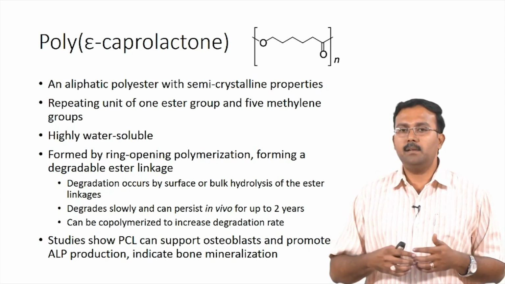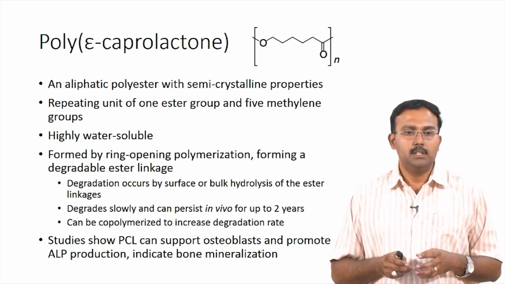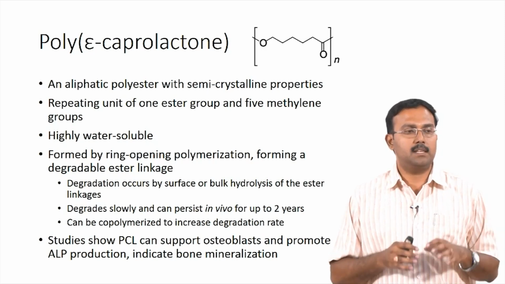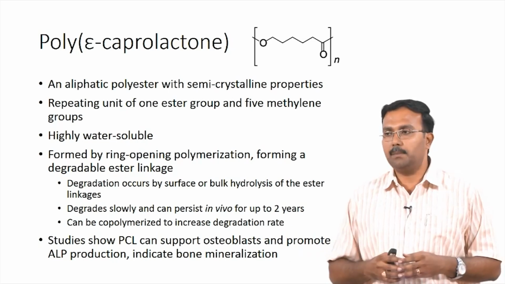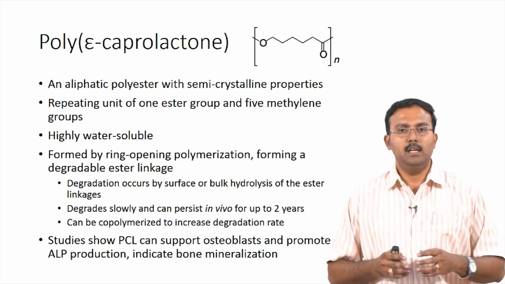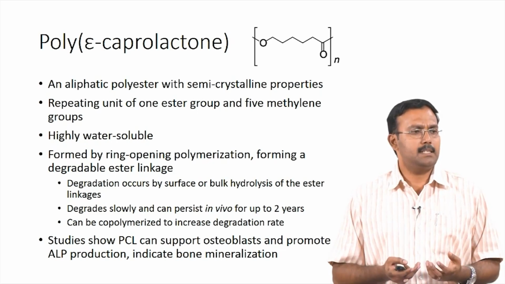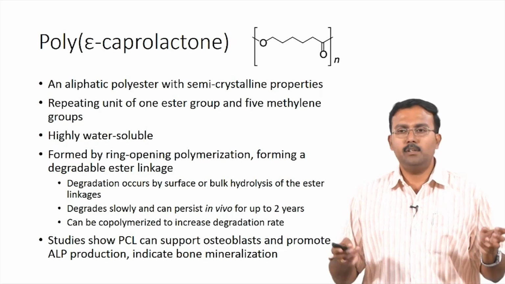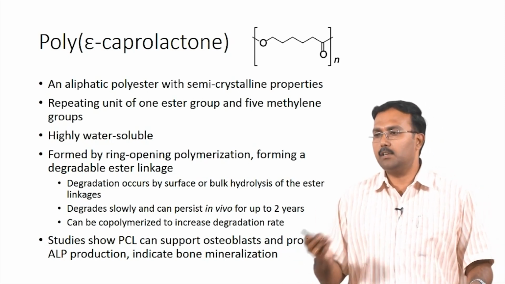So when ALP production is increased, then you know that there is mineralization of bone. People have shown that when osteoblasts are cultured with PCL, it shows an increased ALP production. So to optimize the rate of degradation, many studies have tried to use PCL copolymerized with other materials like PEG and PVA and so on.